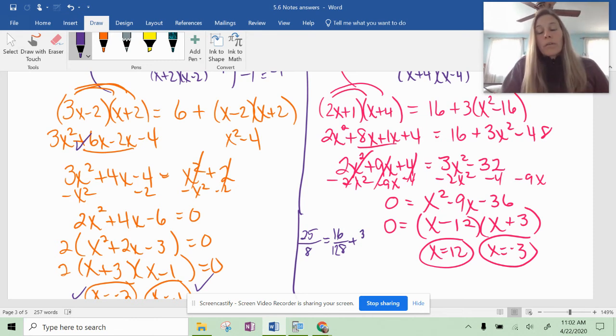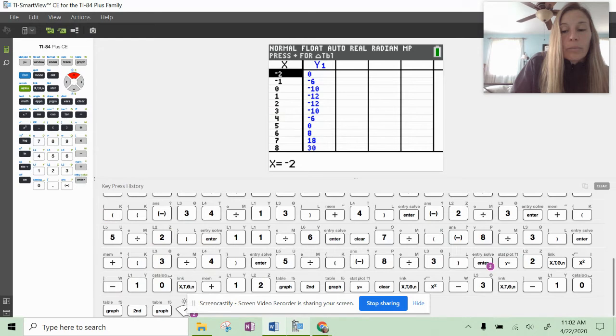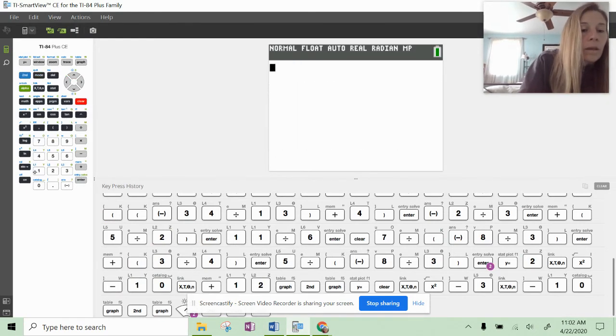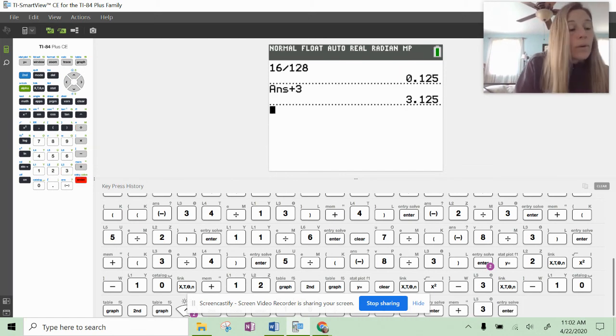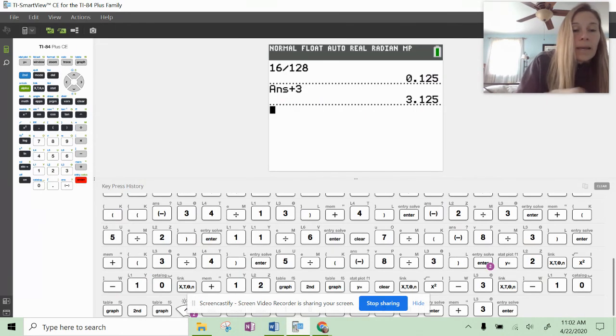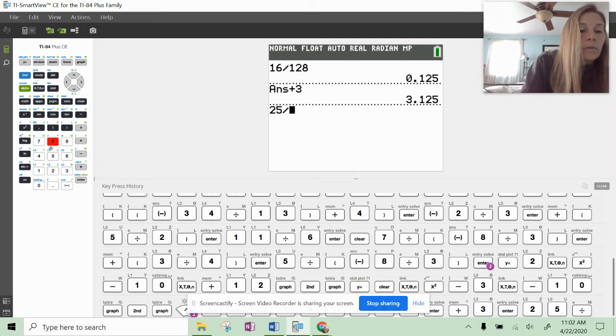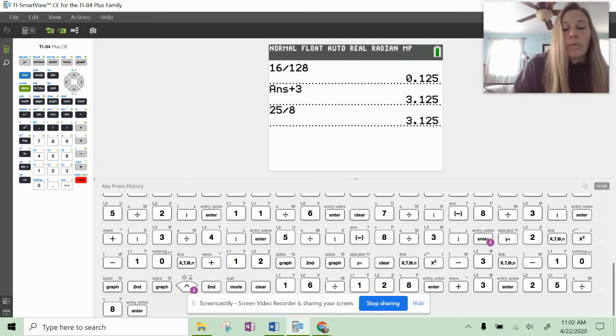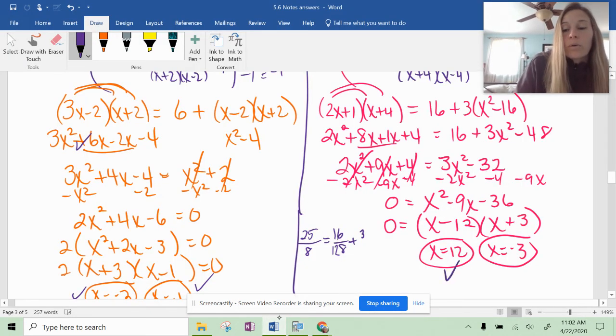So if you want to figure that out on the calculator, 16 over 128 plus 3. So we got 3.125 on one side, and then 25 divided by 8, which is also going to equal that 3.125. So we know that the 12 works.